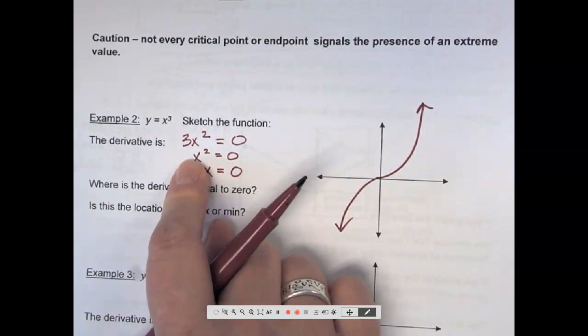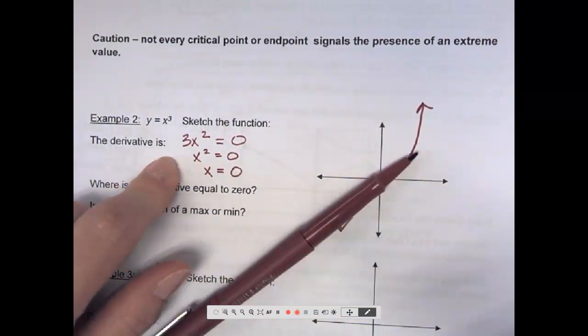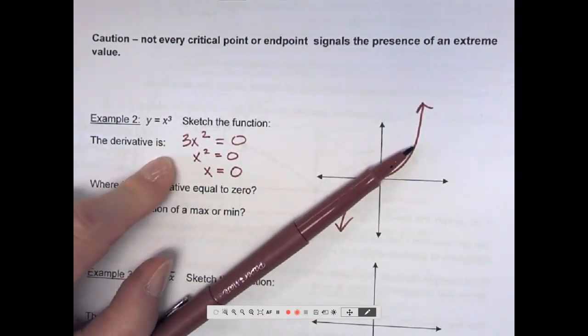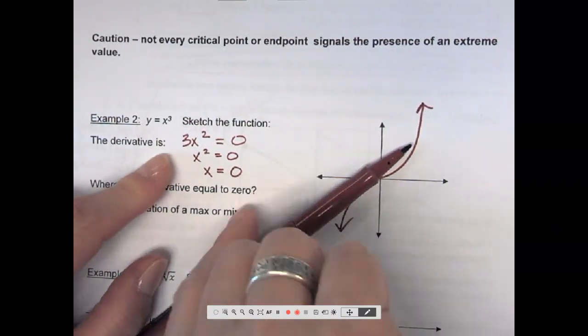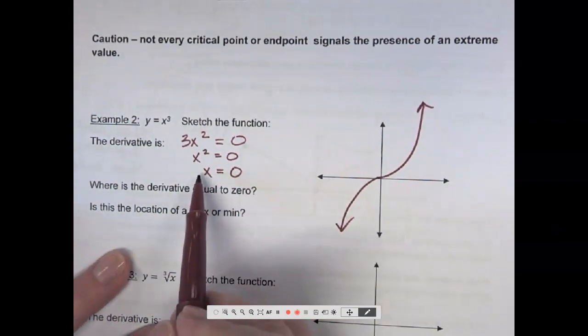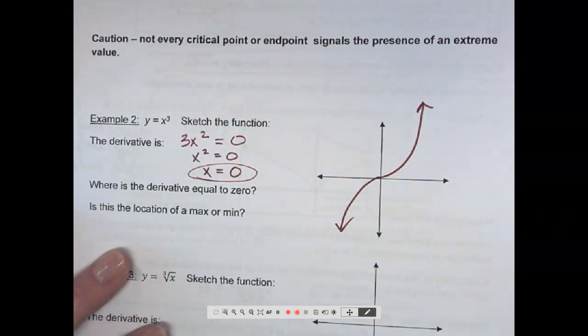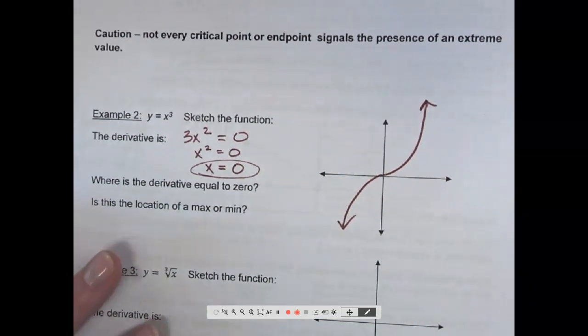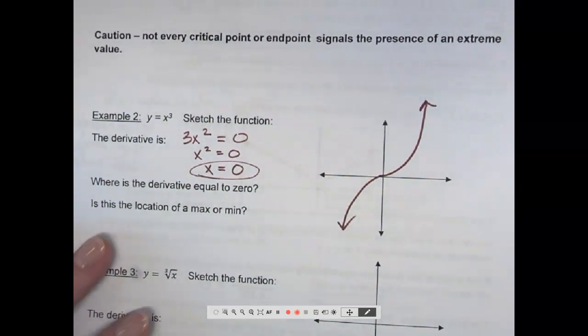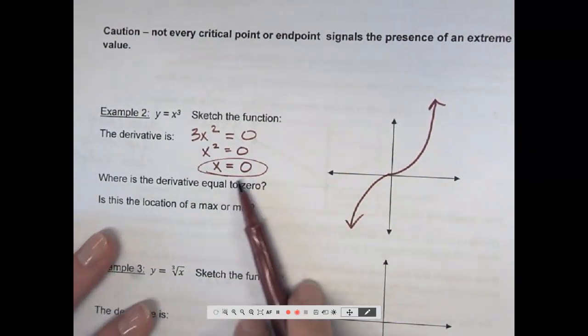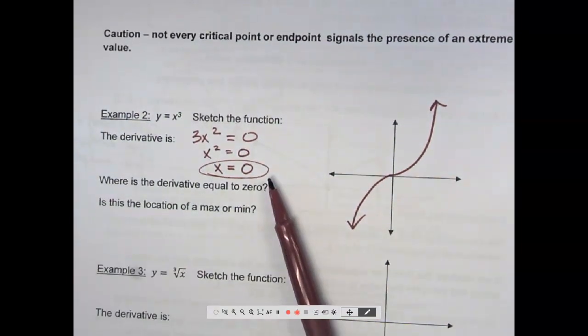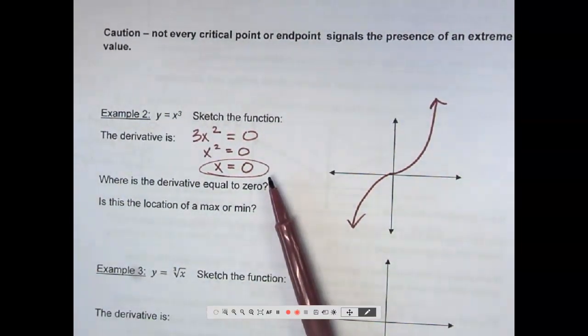The only time you're going to run into undefined is if you have radicals or variables in the denominator. Think about 3x squared. That's just a parabola. There's no place that's undefined, right? So this is a point of interest. x equals 0 could be a max or a min. Is it? No. So I did have a point where the derivative was 0, but it doesn't necessarily have to be a max or a min.